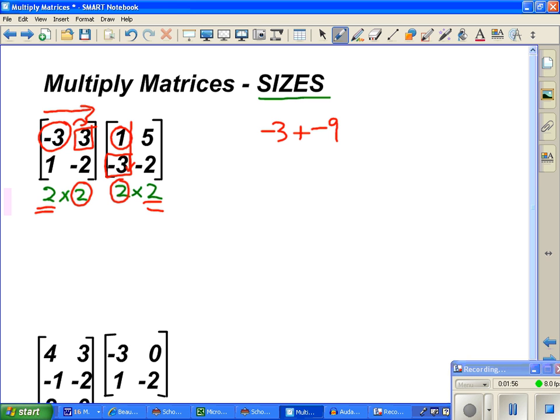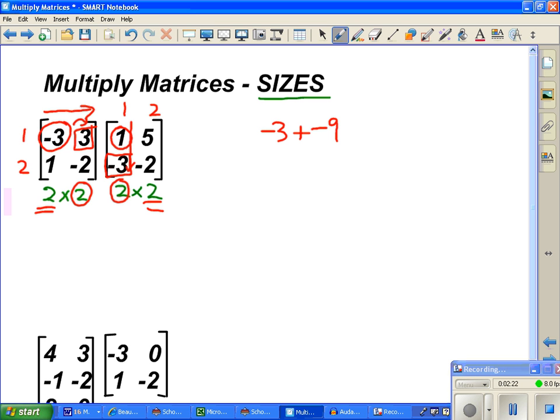And that's going to be my first unit, because if I number these, I'm going across the rows, 1, 2, and 1, 2 on the columns, this is first row, first column, so it's going to give me my first place in the matrix.